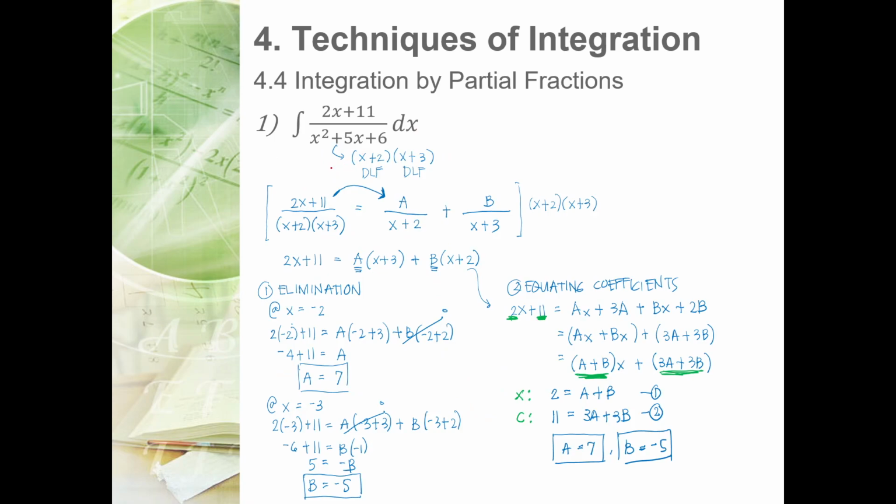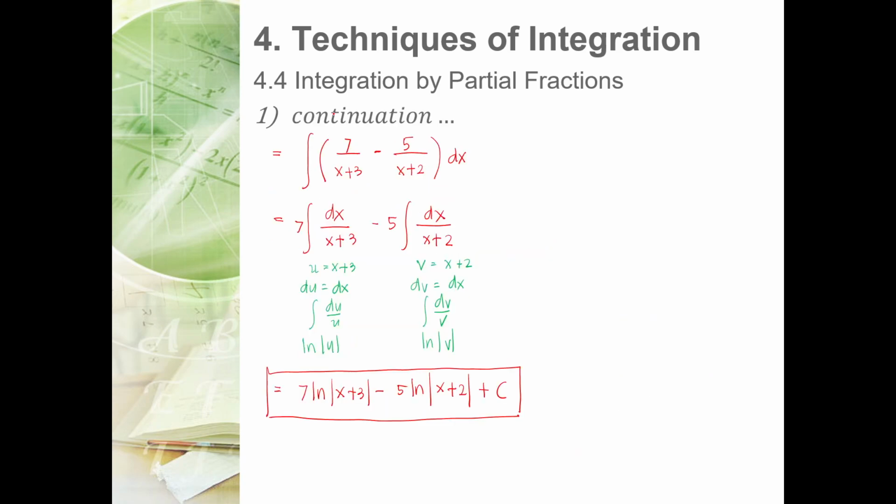So again, if we repeat our steps, step number 1 is this one. Step number 2 is to apply the different functions. Step number 3 would be to multiply with the LCD, which would lead us to this format. Step number 4 would be choosing between elimination or equating coefficients. Step number 5 is, of course, to integrate.